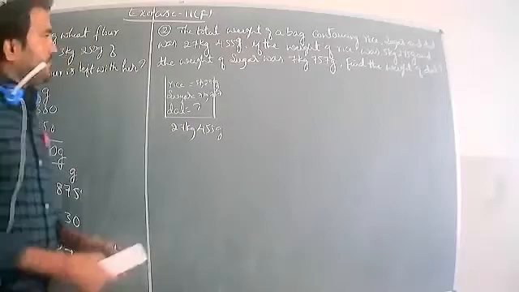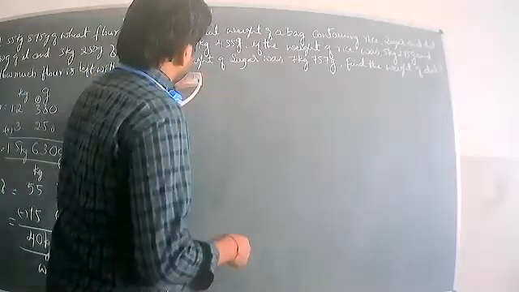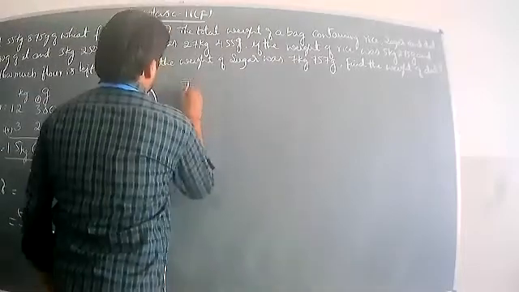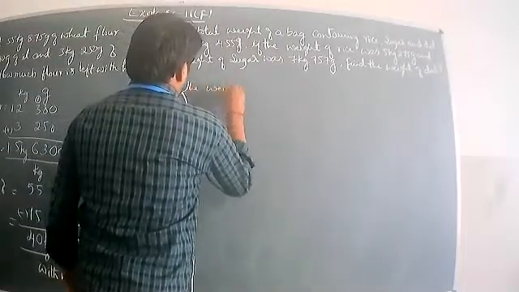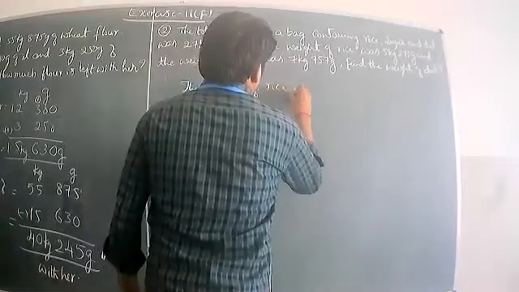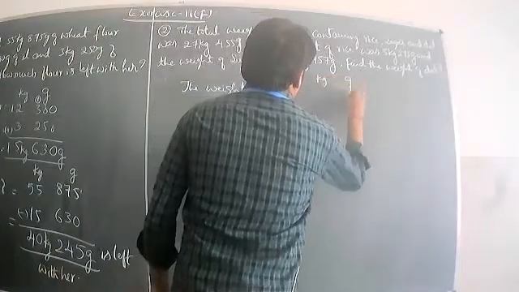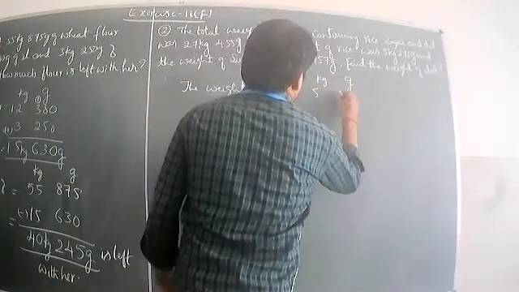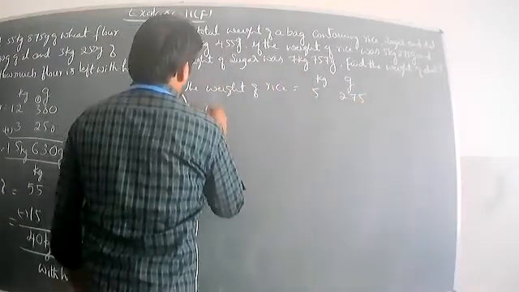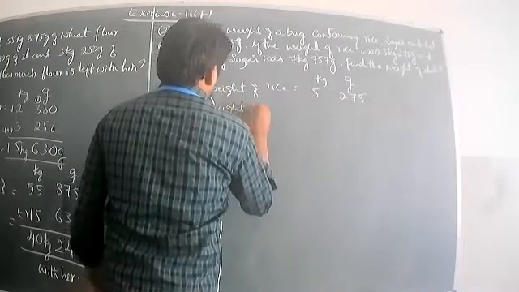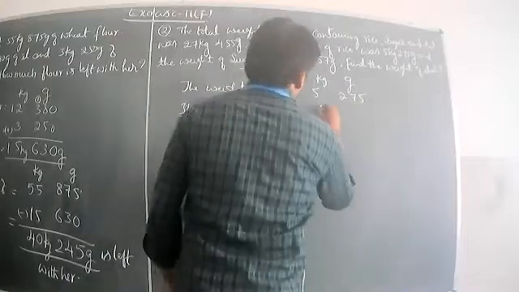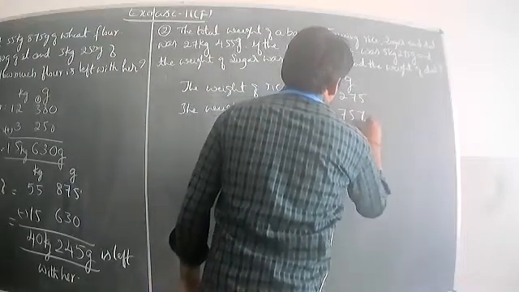Okay. So now, first, the weight of rice: 5 kg 275 grams. Next, the weight of sugar: 7 kg 757 grams.